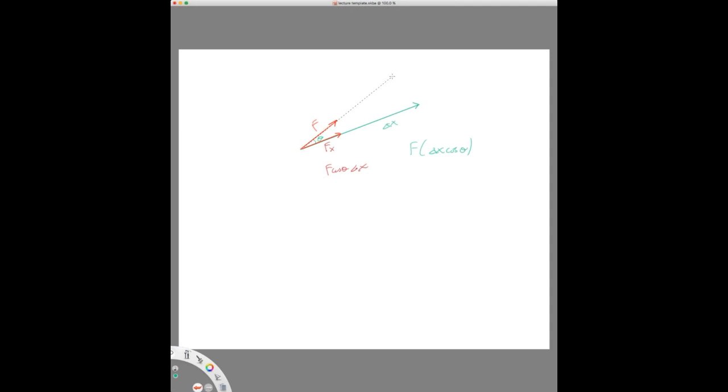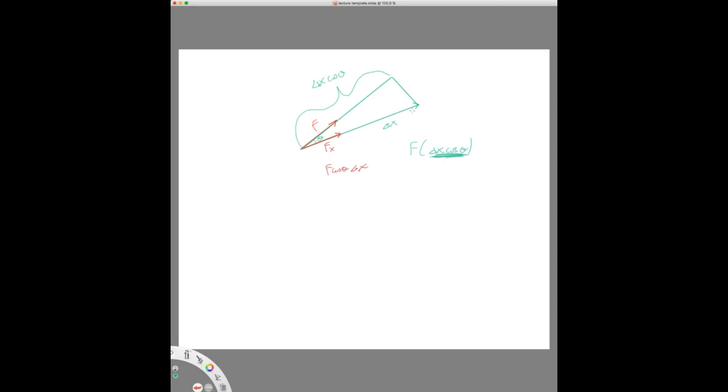Well, we would be saying there's a piece of the displacement that is in the direction of the force. So this bit here would be delta x cosine of theta. And so we could think of the work as either that piece of the displacement that's in the direction of the force times the force, or the whole displacement times a piece of the force in the direction of the displacement.